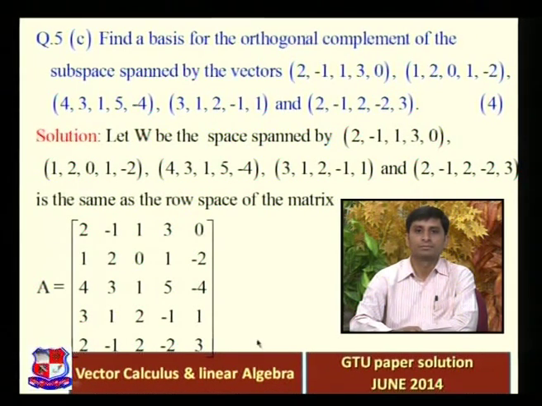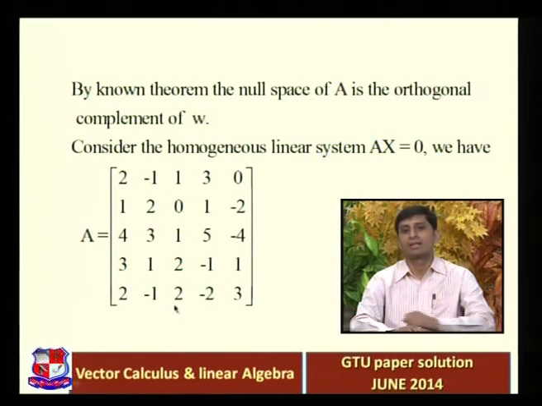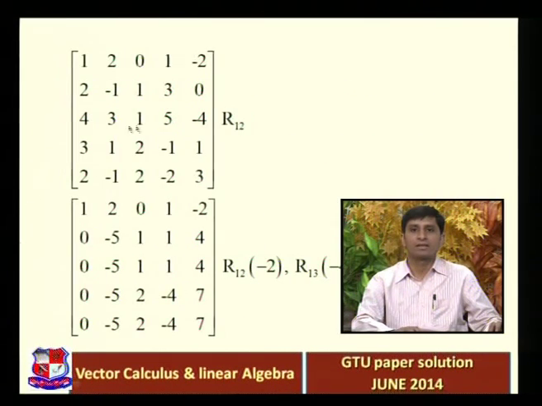So consider the homogeneous linear system Ax = 0. We have the matrix with rows 2, -1, 1, 3, 0; 1, 2, 0, 1, -2; 4, 3, 1, 5, -4; 3, 1, 2, -1, 1; 2, -1, 2, -2, 3. The first process is R12.